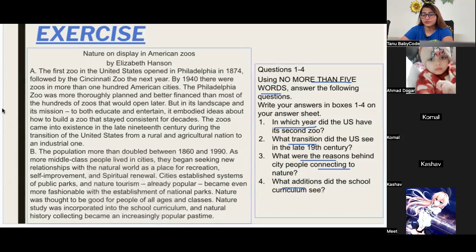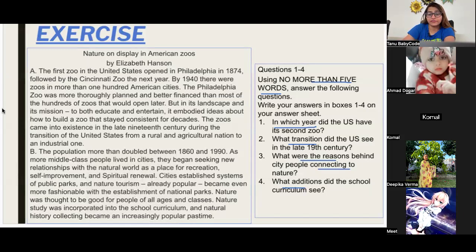Can anybody tell me? 1875. Now, why is it? Because the first zoo in the US opened in Philadelphia in 1874, followed by Cincinnati Zoo in the next year. So what is the next year after 1874? It's 1875, right? So the first answer is 1875.